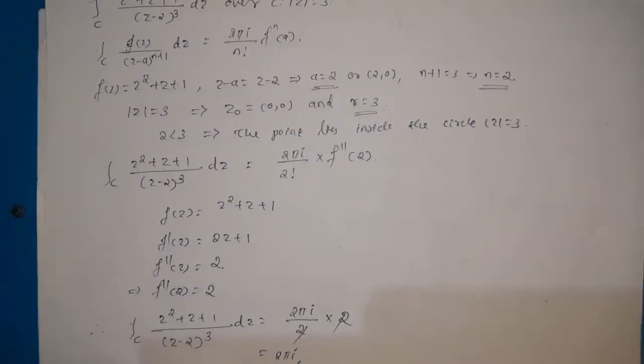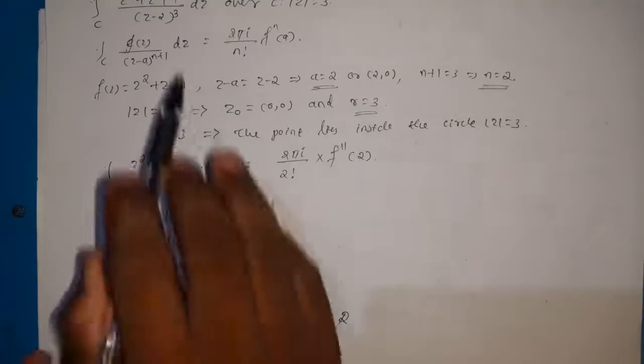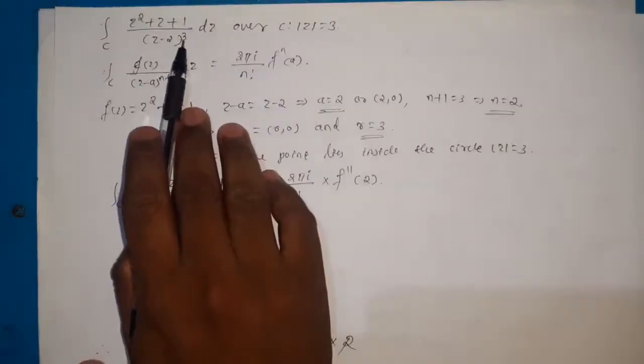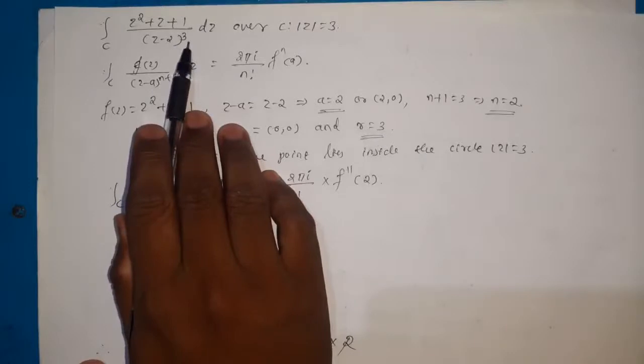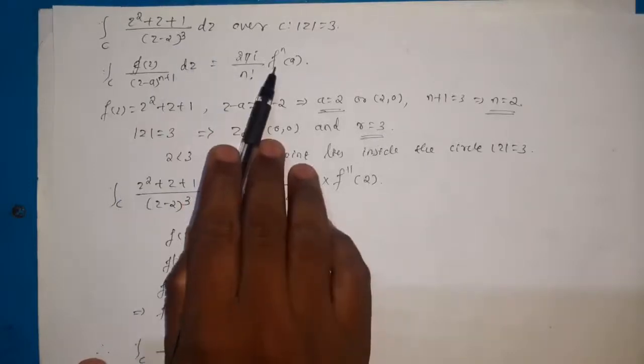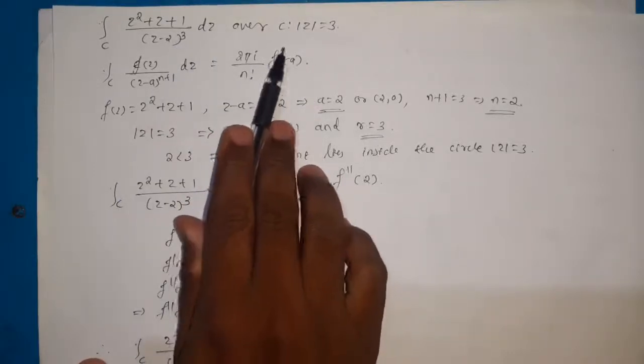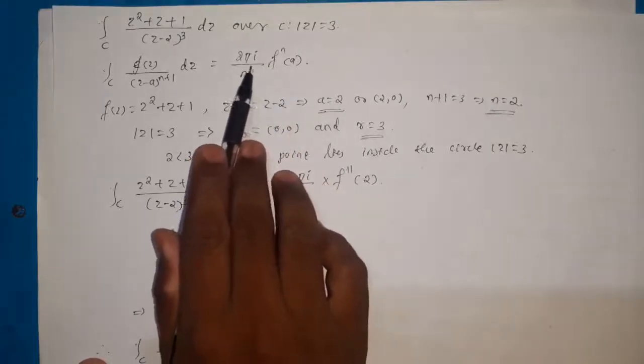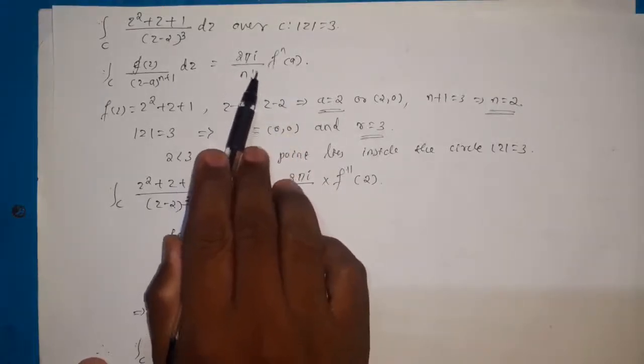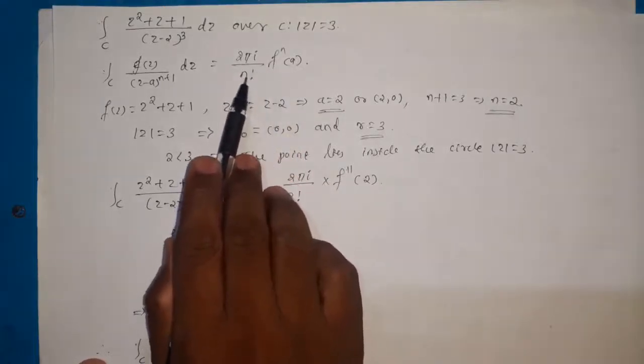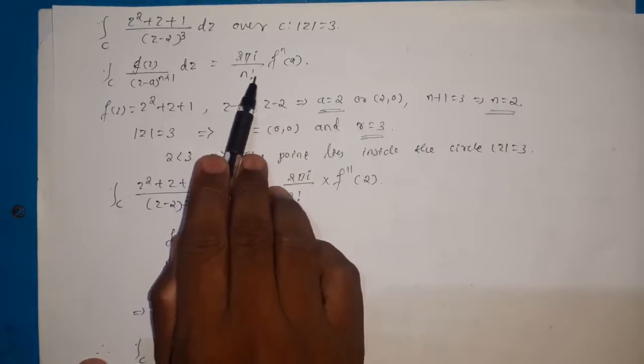So this is the way to apply Cauchy's integral formula for derivatives. If you want to apply Cauchy's integral formula only, here the power of z minus a should be equal to 1. Then this becomes f of a instead of f power n of a, and n factorial will be equal to 1, since n is 0 and 0 factorial is 1.